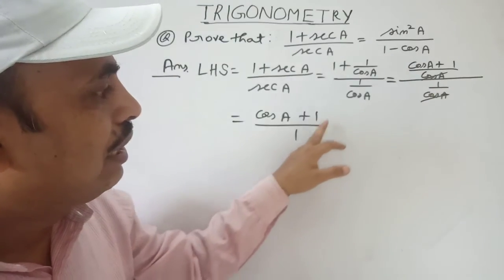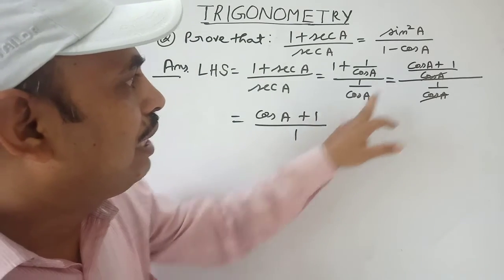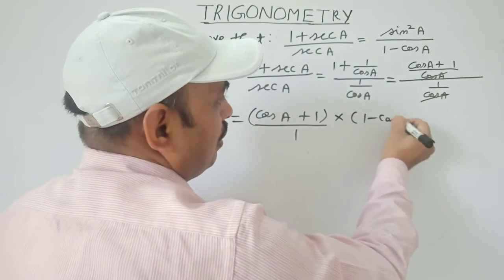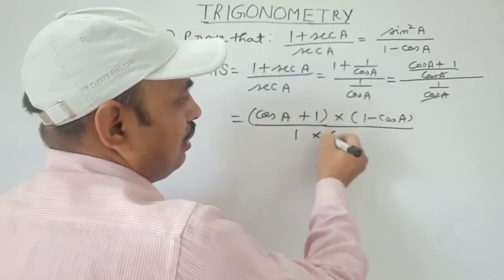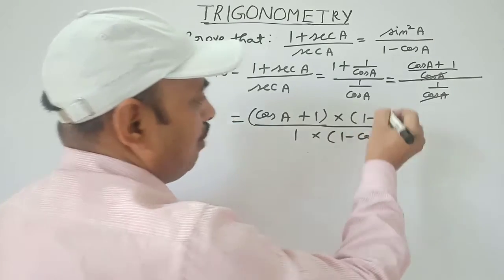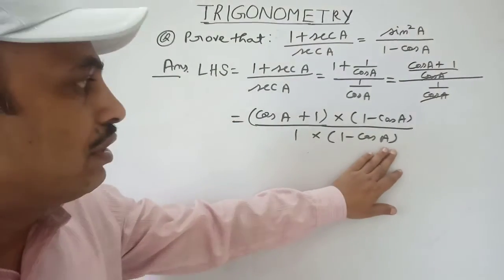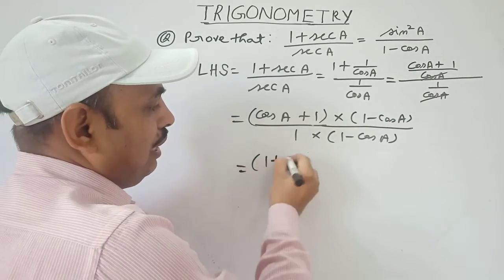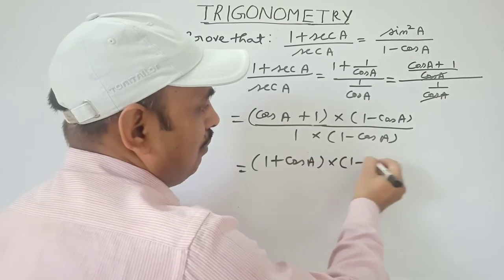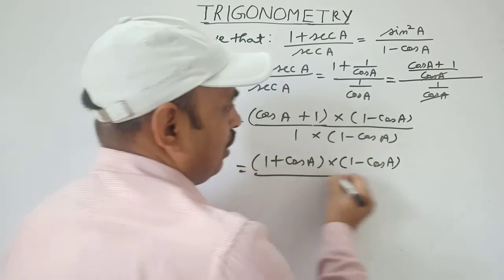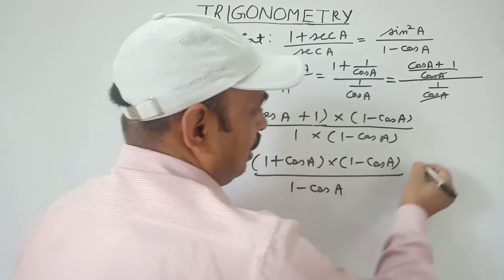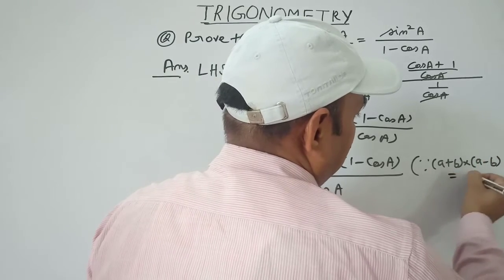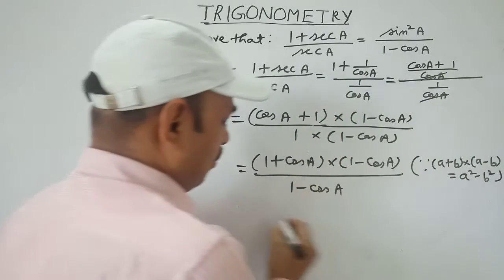So we multiply in the numerator and denominator by 1 minus cos A. Now this is of the form (a plus b) into (a minus b) upon 1 minus cos A. So the identity is (a plus b) multiplied by (a minus b) equals a square minus b square.